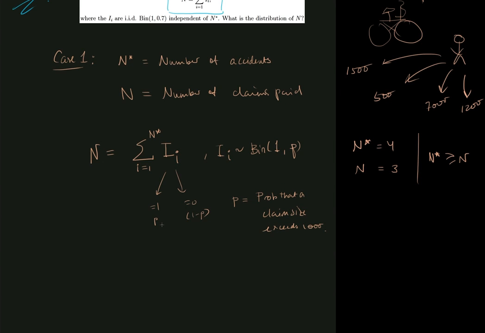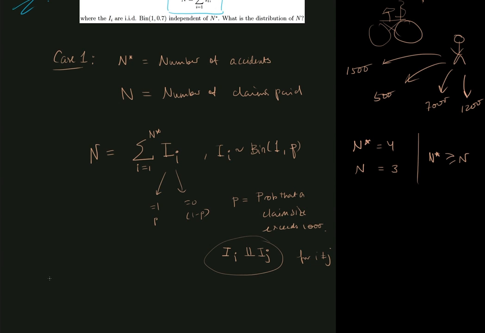Now, just one more thing we need to include is that the I_i's are IID, so they're independent of each other for i different from j. And this plays a pretty big role, because what does this mean?